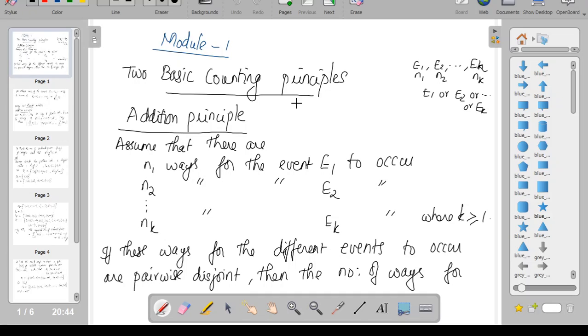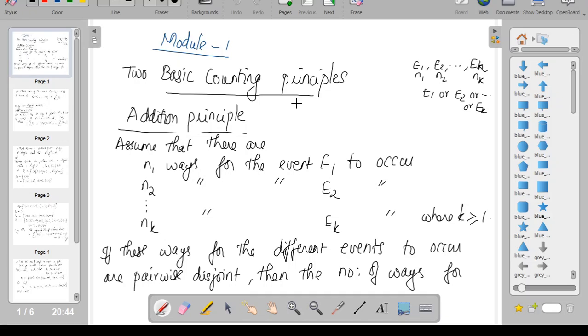So in the addition principle we mainly look at the number of ways in which at least one of the events occurs, either e1 or e2 or e3 or ek. So at least one of the events occurs.